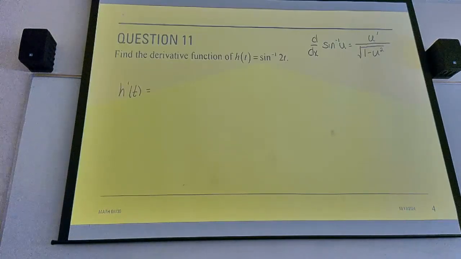h prime of t. So what is u prime in this case? And what's u squared?